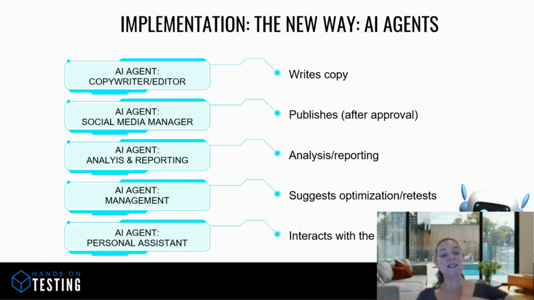Afterwards, it sends it to the AI agent for management, who says, okay, let's focus on fixing this, let's build that, let's do this. It's just amazing. I also built myself a little AI personal assistant, because I can just tell the personal assistant one thing and it knows who to talk to to get the right result. So that's basically how implementation is done nowadays.